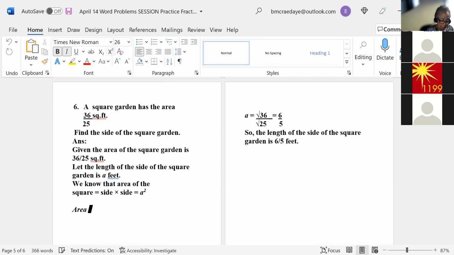Area is equal to side squared, and we are looking for the side.